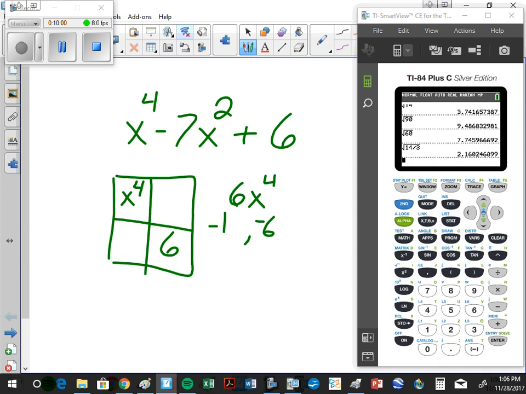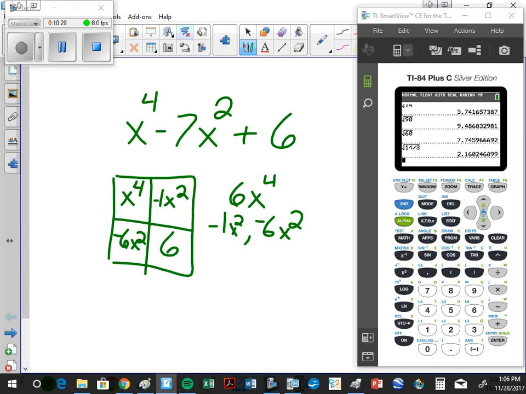Normally it's negative 1x, but in this case, it's negative 1x squared and negative 6x squared. Okay, so negative 1 minus 6 is negative 7, and negative 1 times negative 6 is positive 6. I put a negative 1x squared in there and a negative 6x squared.